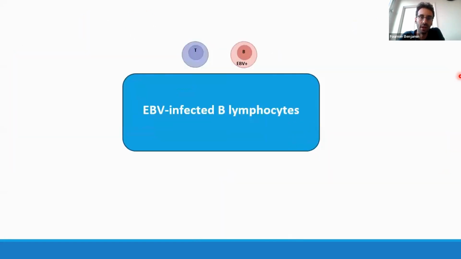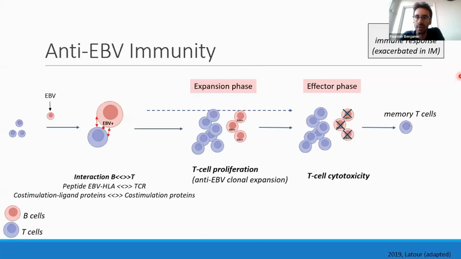So we'll start with the disease where EBV infects B cells, and I will be quick on that because Sylvain has already showed you this kind of slides. Here is to show you the anti-EBV immunity where EBV infects B cells, with B cells in red and the T cells in purple.